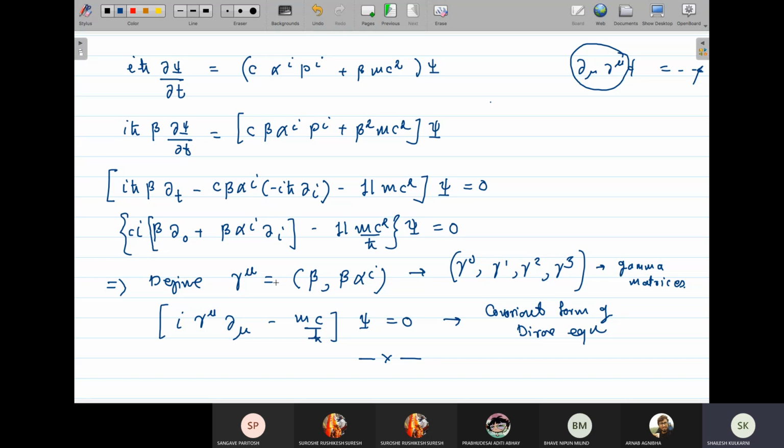Gamma 0 is beta and gamma I is beta alpha I. In the standard or Dirac representation, which is one of the bases in the space of matrices, we choose a certain representation for beta and alpha: beta is identity, 0, 0, minus identity, and alpha is 0, sigma, sigma, 0. So we know gamma mu in terms of those identities and sigma matrices.